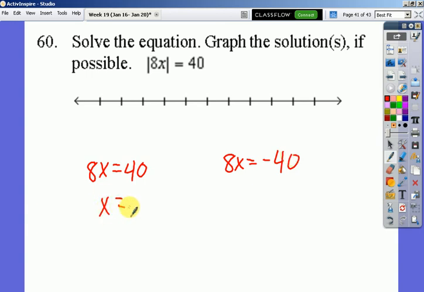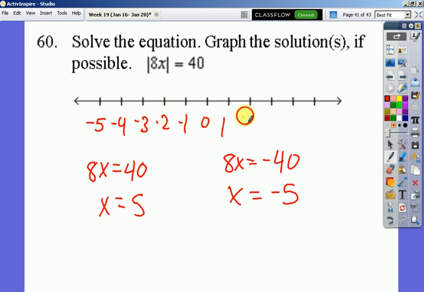X equals 5, x equals -5. Plug them in, do they both work? Yeah, they do. So just find 5 on the number line, and put a dot at each.